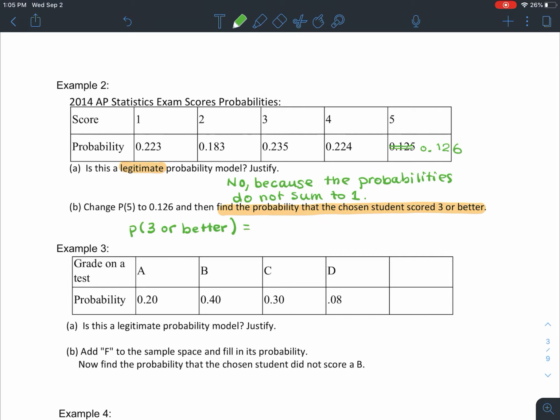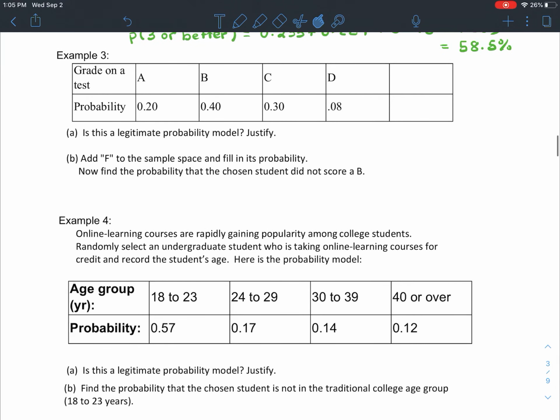The way we typically write probabilities is we put a little p, and then in the parentheses we define what the event is. So I'm going to just put 3 or better. That means I would want to take the probability of getting a 3, a 4, or a 5, and add those up, and I would roughly say that you've got a 58.5% chance of essentially passing the AP test if you took it in the year 2014.